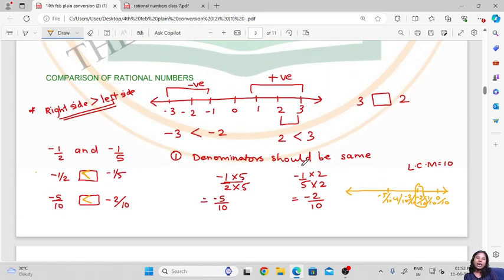Now say we have a positive and a negative number. Say we have minus 1 by 5 and say I give you plus 7 by 5. Here we need to remember that a negative rational number is always less than a positive rational number.